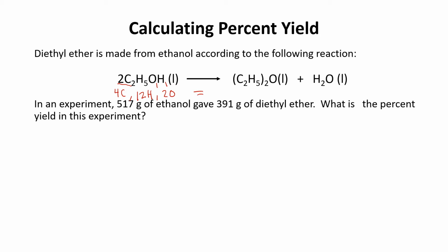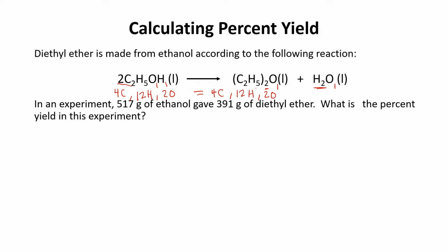So I'm going to set my equal sign here, and we'll distribute this 2 through. So that gives me 4 carbons, and that will give me 10 hydrogens here. And then I have 2 hydrogens over here, so 2 plus 10 gives me 12 hydrogens on this side. I have 1 oxygen here and 1 oxygen here, so that gives me 2 oxygens on this side. So the chemical equation is balanced.